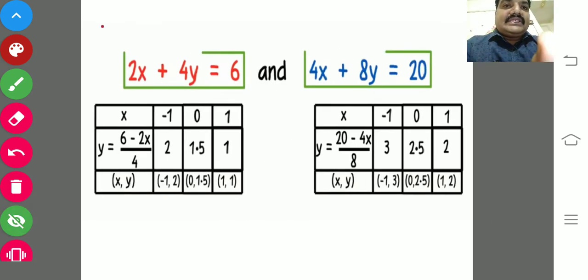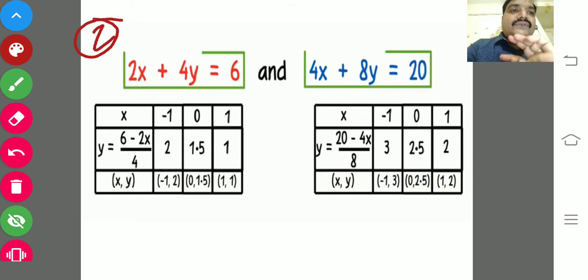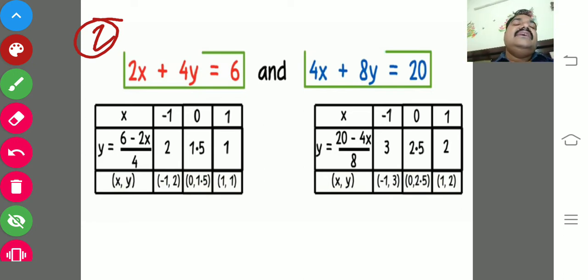Yeah, this is one more question. Question number 2. You just observe that 2x plus 4y equals 6 and 4x plus 8y equals 20. So 2x plus 4y equals 6 is one linear equation, and 4x plus 8y equals 20 is one more equation. As usual, you make y the subject. How will you make y the subject?